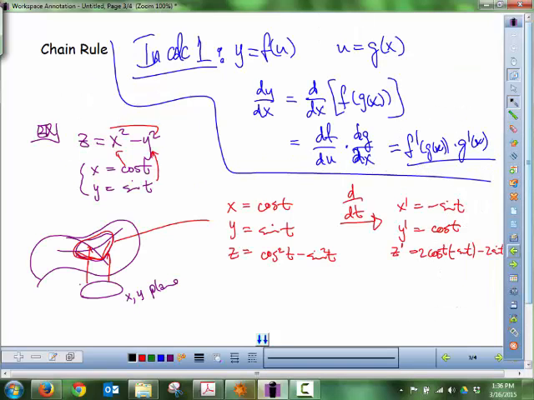I know. If I use this notation properly, I would have said dy du, du dx. And so people think about canceling the u's, and then you get dy dx, which is what we were looking for, right?